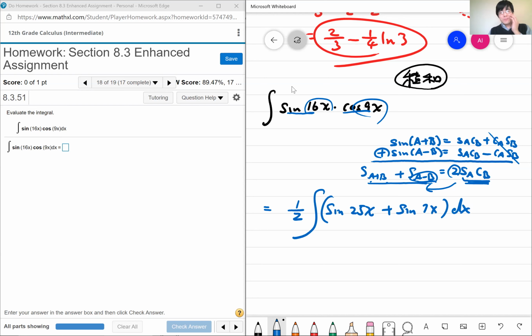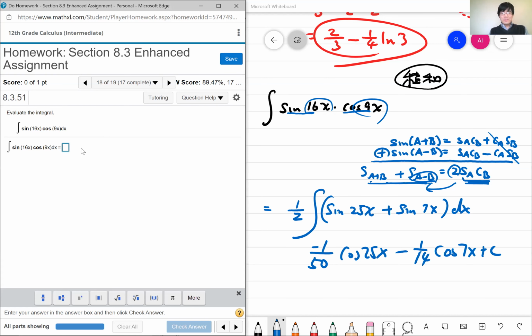Okay, so after you integrate this, it's going to be 1/25 cosine of this, and 1/7, 7 came, cosine 7x plus c. So it's going to be minus 1/50 cosine of 25x minus 1/14 cosine of 7x plus c.